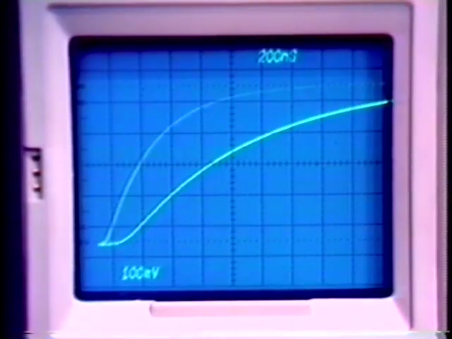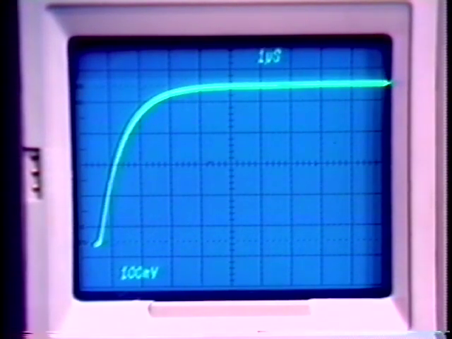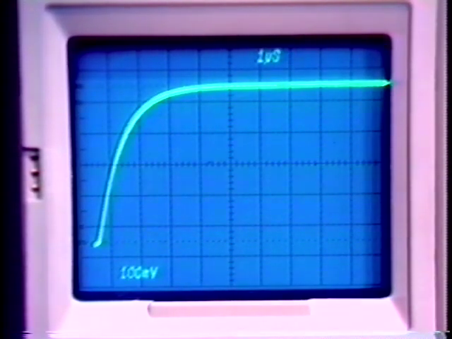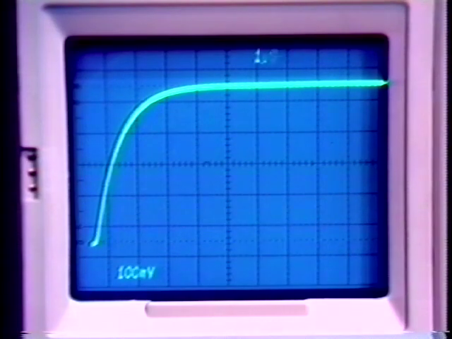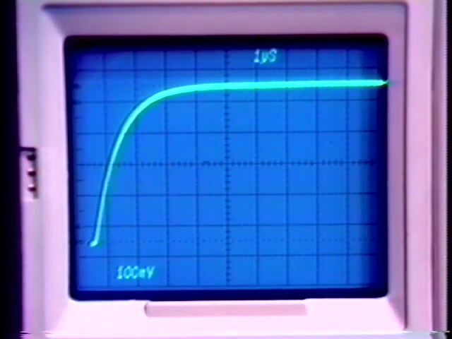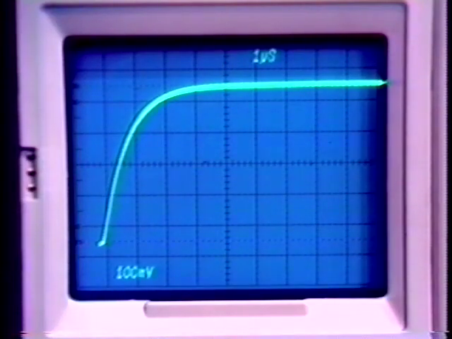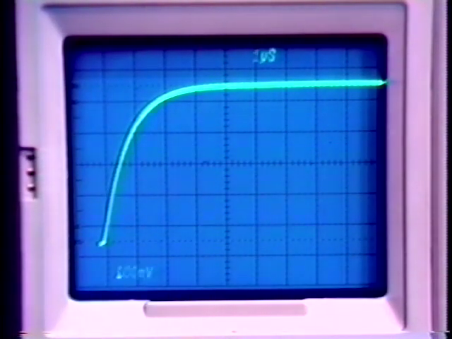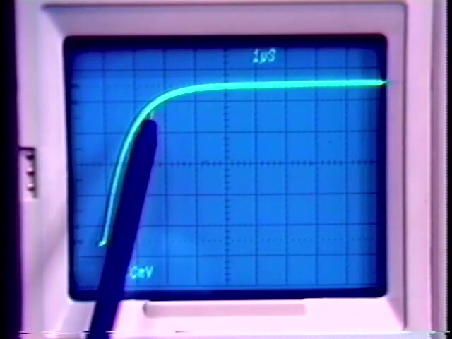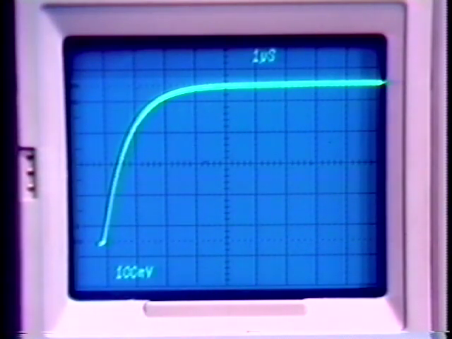Let's change the time scale. And in fact, here we are at 1 microsecond per division horizontally. We can now measure the 10 to 90% rise time. Between here and here, we notice again it's very close to 1.5 divisions.